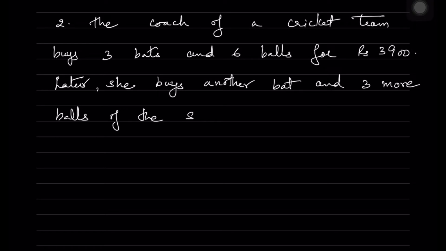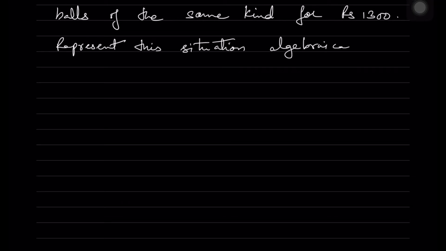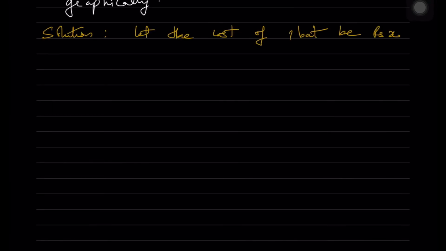Later, she buys another bat and 3 more balls of the same kind for rupees 1,300. Represent the situation algebraically and graphically. So how do we go into this problem? We'll just see.